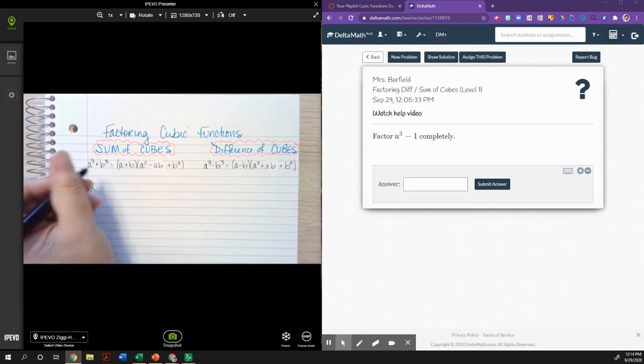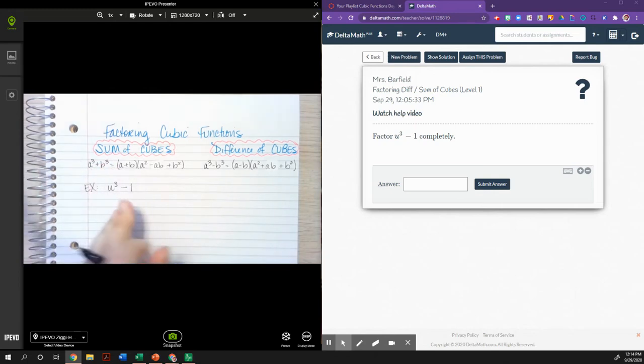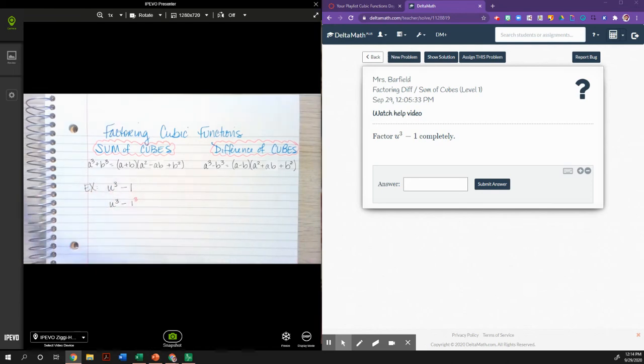Let's look at our first example. I have u to the third minus 1. Now, 1 is not my favorite to start with because I don't think people see it as easily. But think about the fact that I could rewrite it as u to the third minus 1 to the third.